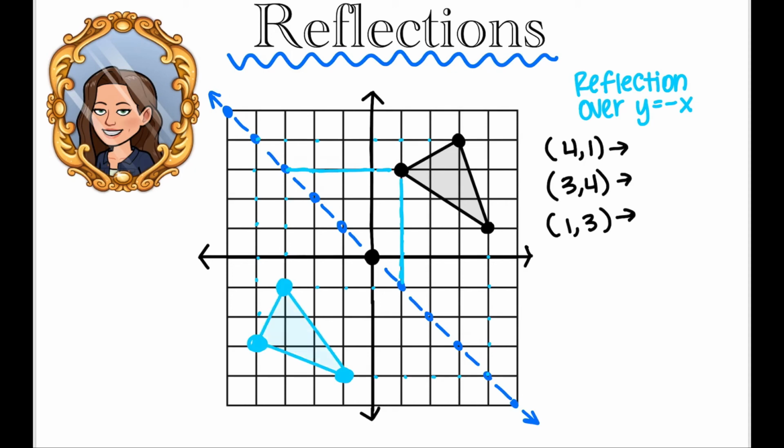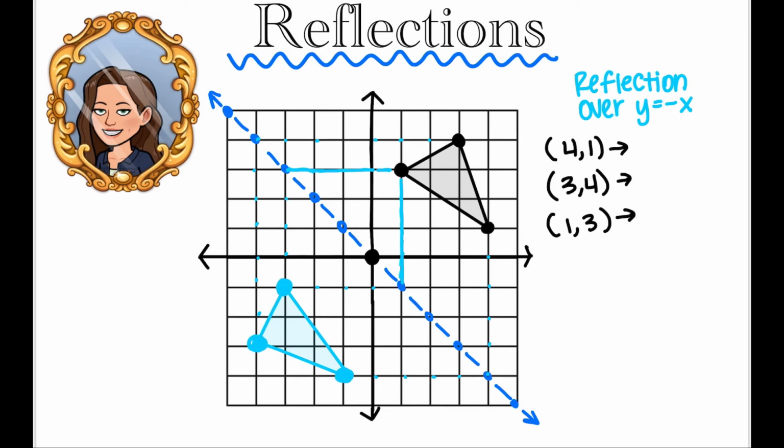Now notice that when I create this triangle, it looks like it's just been flipped over this line, so that if I were to fold this graph with the crease where this line is, y equals negative x, if I were to fold this over, then these points would line up with each other.